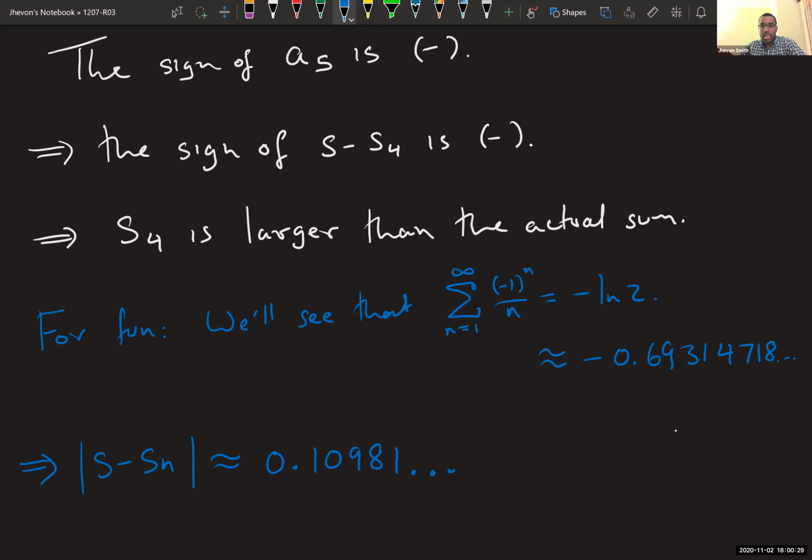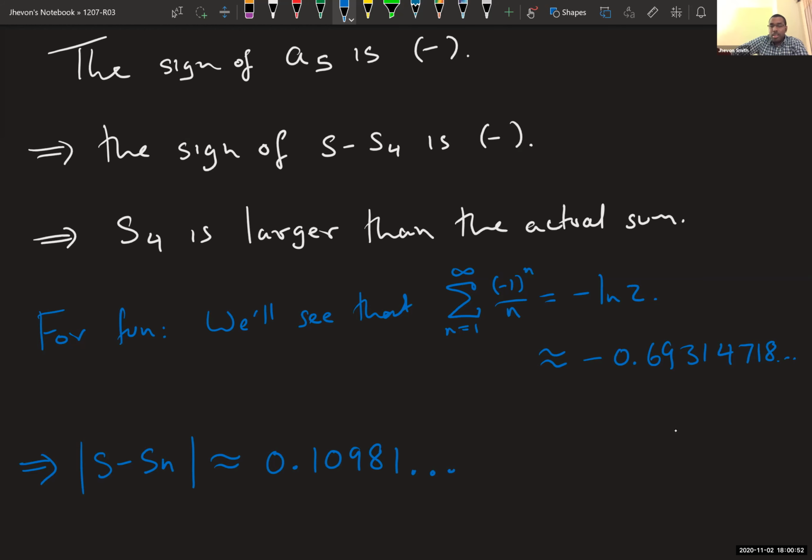We said we'd be less than or equal to 0.2, and we actually are. So by adding up 4 terms, I'm within 0.1 of the actual answer, right? Worst case scenario, I was at 0.2, but we legitimately did better than that. We did twice as good as we expected to do, which is not too shabby, right?